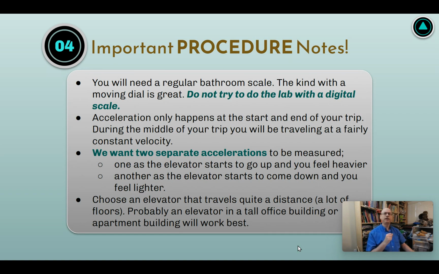Now, you do need to choose an elevator that travels through a pretty big distance, a pretty big number of floors, because realistically, if you live in an apartment building where they've got maybe 4 floors or something, those elevators don't have to accelerate very much because you're not going through a very large trip. So they don't tend to be very useful for this.